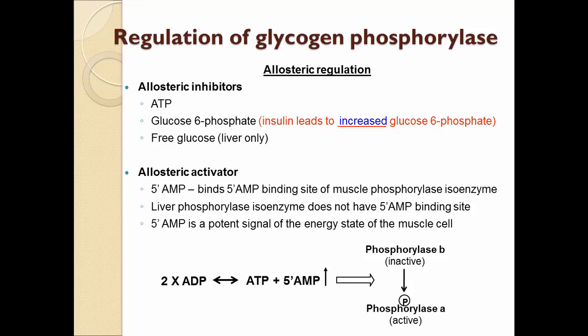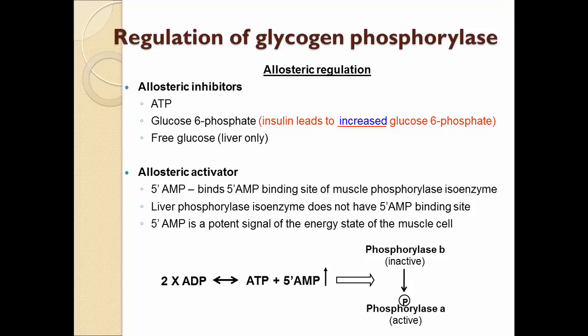Remember a couple of slides earlier that we mentioned glucose 6-phosphate and glucose are inhibitors of glycogen phosphorylase, and ATP is also an inhibitor of glycogen phosphorylase.